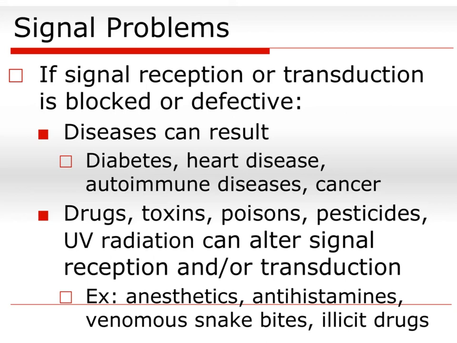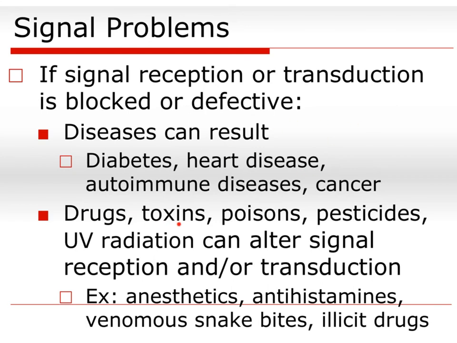Diabetes, heart disease, autoimmune diseases, all of these are linked to poor signal transduction pathways in some way. And again, sometimes that's genetic. The gene that's supposed to encode a particular protein kinase, for example, has a mutation in it, and the protein kinase is misshapen and doesn't work, right? So you can see how that can kind of happen.